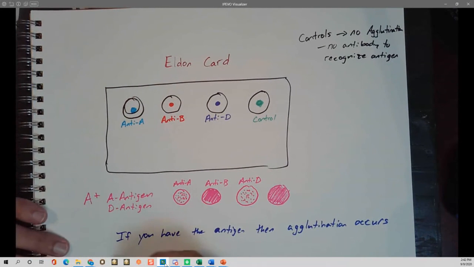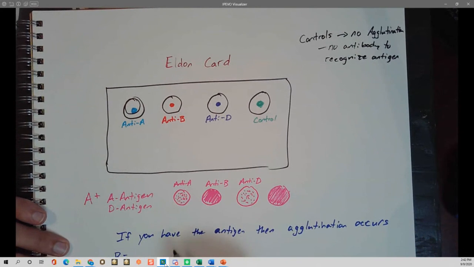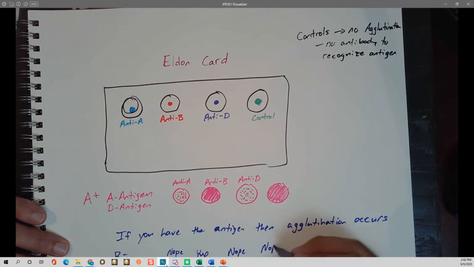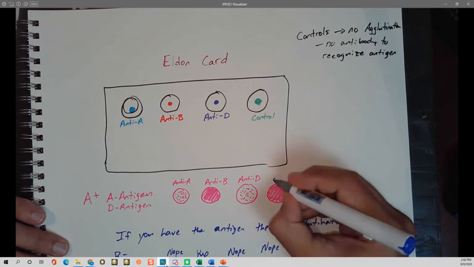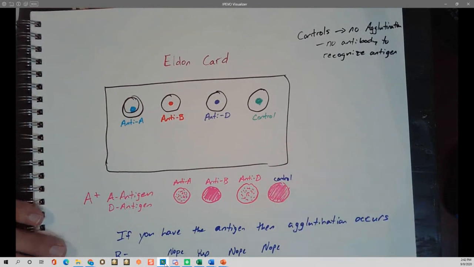All right, what about a B negative? Do we get agglutination on anti-A? Nope. Do we get agglutination on anti-B? Yep. Go ahead and put nope and yep, because why not? What about on the anti-D? Well, I'm a negative type, so there's no agglutination. And then, of course, there's no agglutination ever on our control. Forgot to write control up here. Does that make sense?